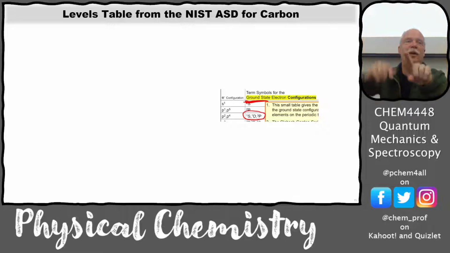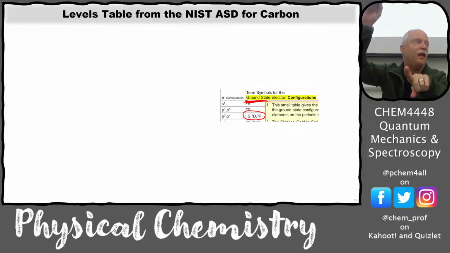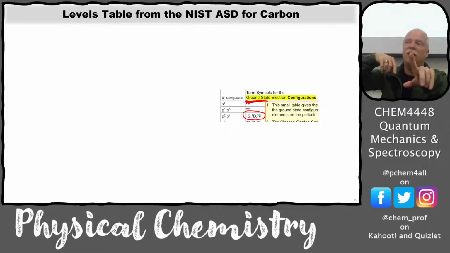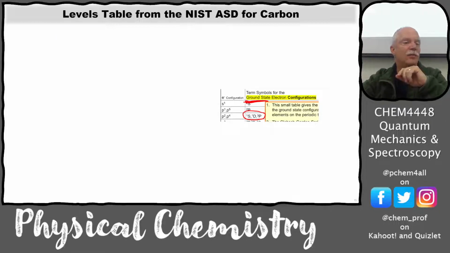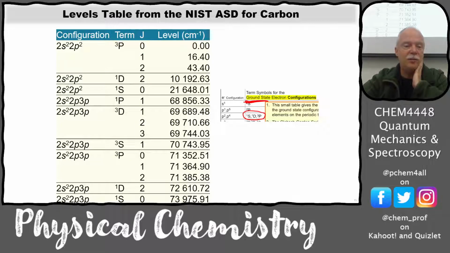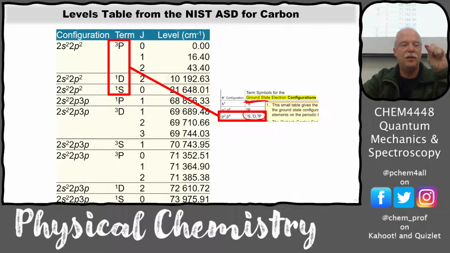But what if I put one of those electrons in the 3p? It's still np2. One's in the 2p, one's in the 3p, and that's when we get these other terms. Here are all the possibilities, and we see the ground state when it's 2p2.